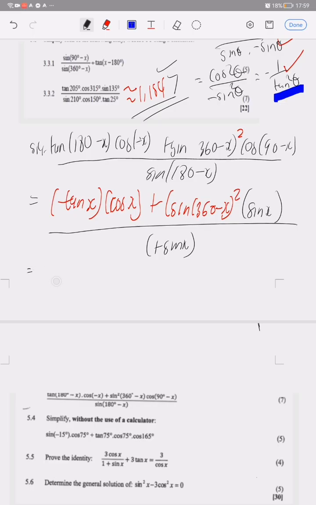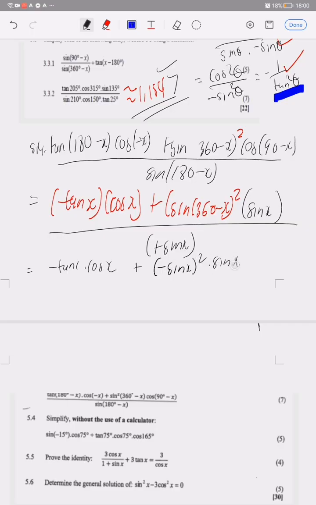All right, therefore, what do we do there? So okay, I'm having a negative. Oh, we have to simplify this one. So I have negative tan x times cos x plus, this one is in the third quadrant, negative sine x, but it is squared.